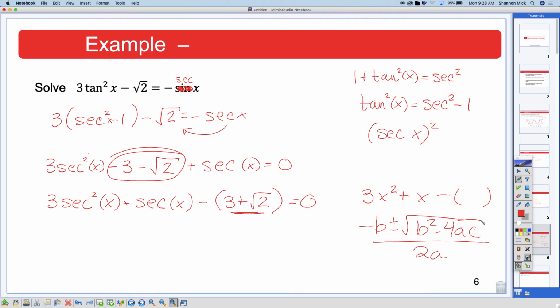If you can't do your binomial factoring, then you have to use the quadratic formula. Sometimes the quadratic formula is just easier to use so you don't have to think about it, to be honest. Okay, so this is normally x equals, but it's not going to be x equals anymore, it's going to be secant of x.